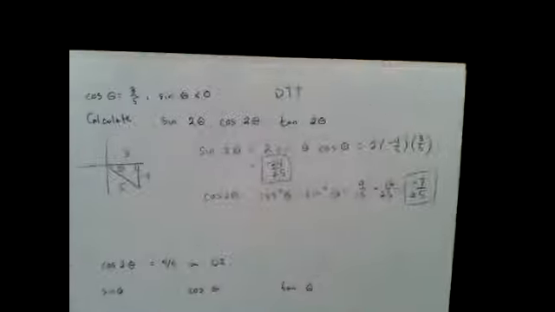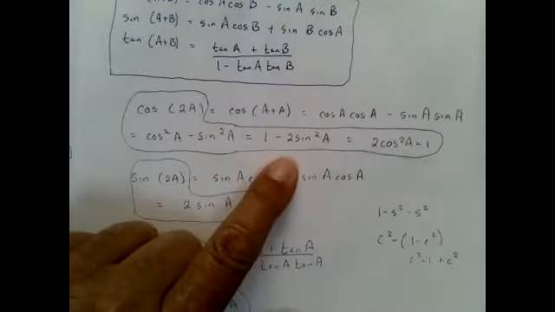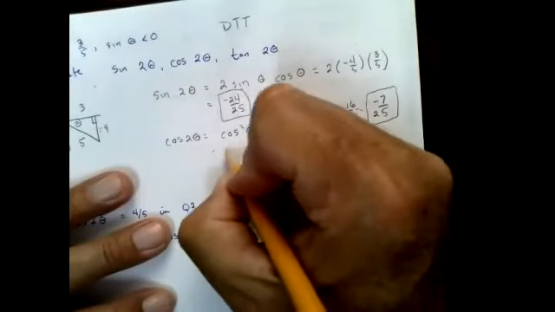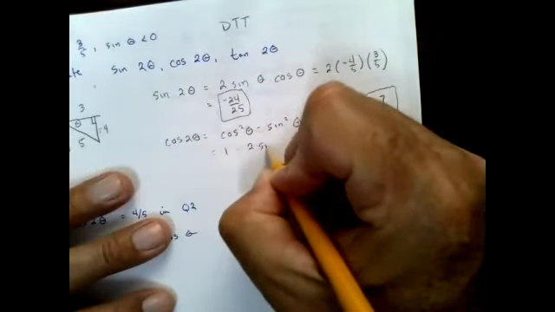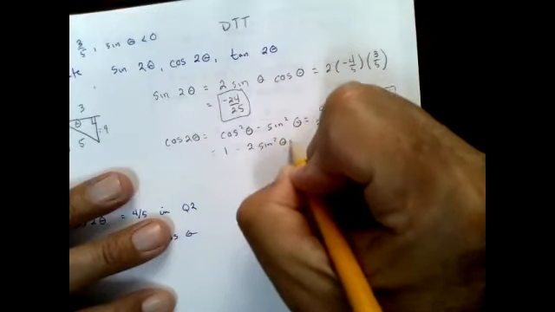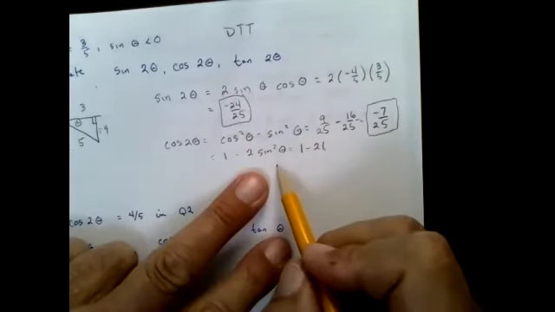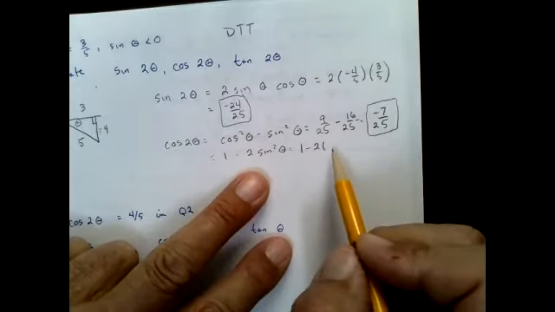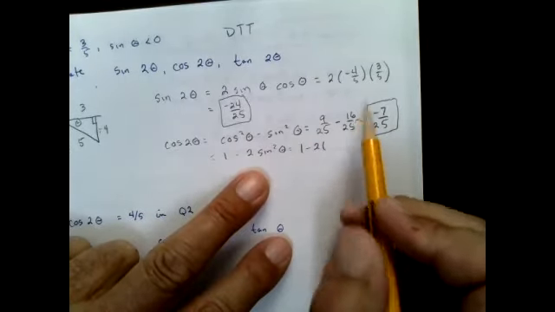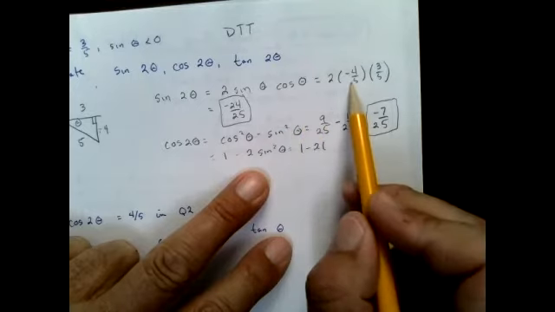What was one of the other versions? I could have said 1 minus 2 sine squared of theta, which equals 1 minus 2 times, what was the sine? -4/5.